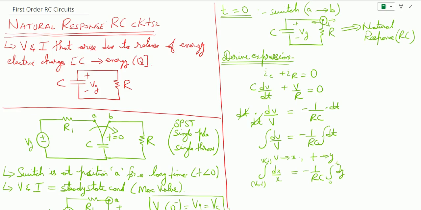Once I integrate this, this becomes ln of x with limits from V naught to V of t, and this becomes minus 1 by RC, and this will be just t with its limits 0 to t.